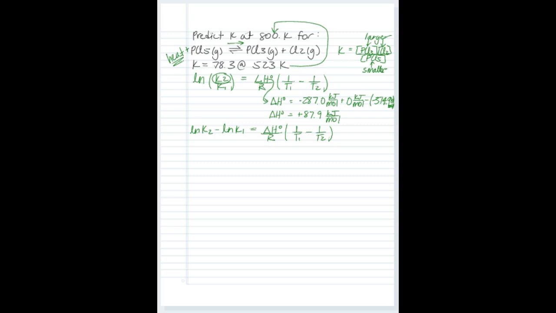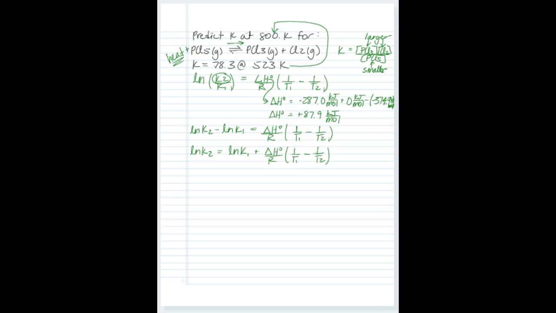And so now I'm going to isolate K2 by adding the natural log of K1 to each side. So natural log of K2 equals natural log of K1 plus delta H over R times 1 over T1 minus 1 over T2.